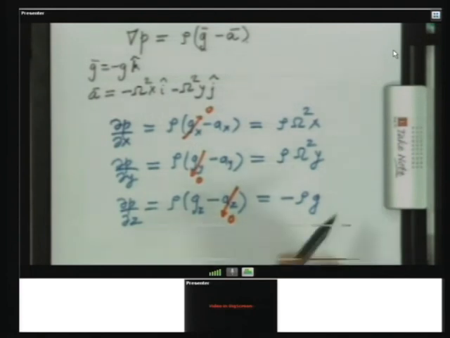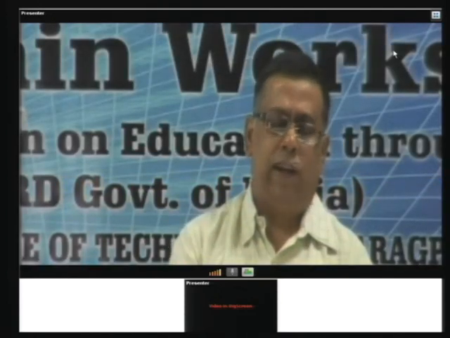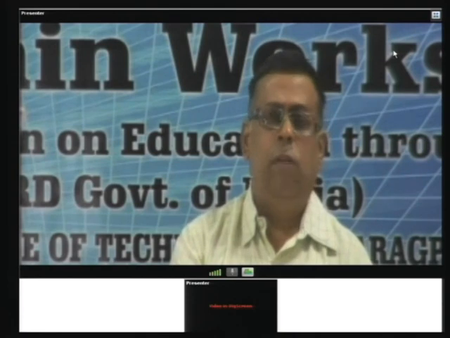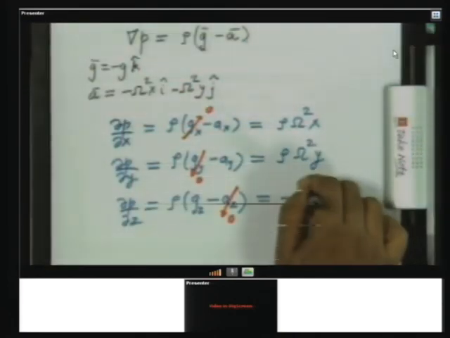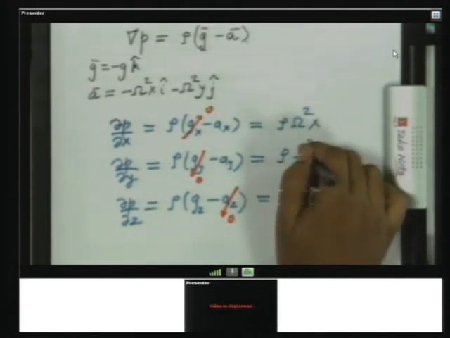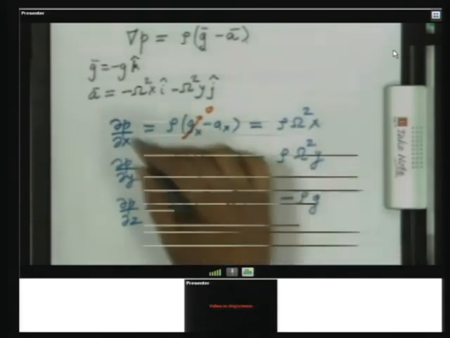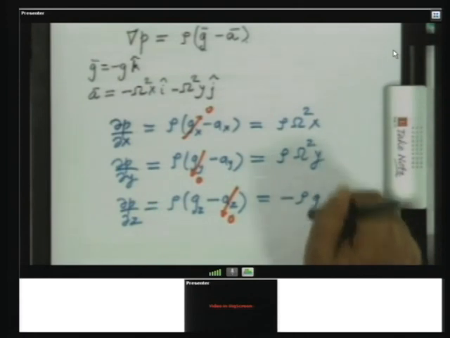So, this third equation is identical to what we have when the fluid was at rest, and you can get that special case by setting omega equal to 0. Then these two will be 0, and this will become a total derivative, dp dz is minus rho g, because if omega is 0 then del p del x and del p del y are both 0, which means p does not vary with x and y. But now there is a variation of p with x, y and z.